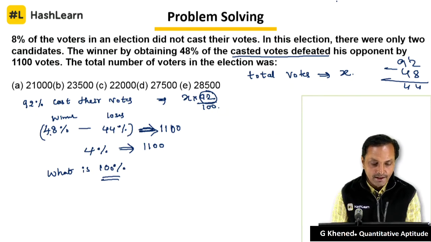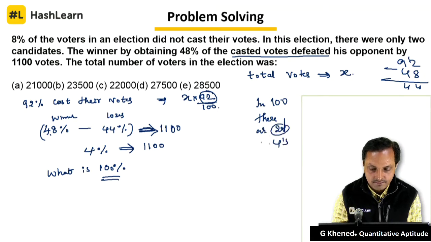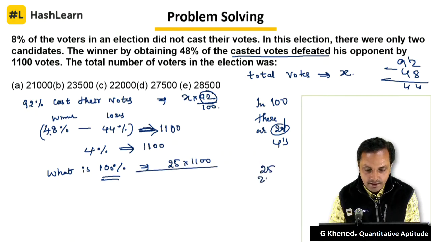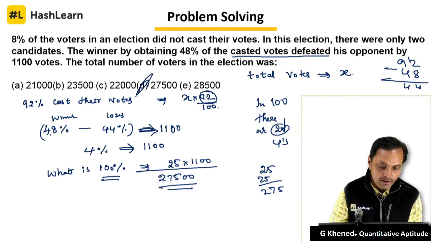If you multiply it by 25, because you know that in 100 there are 25 fours, right? So if you multiply, what will that give you? 25 into 11 is 275, so 27500. Is there any option? 27500, that is the option.